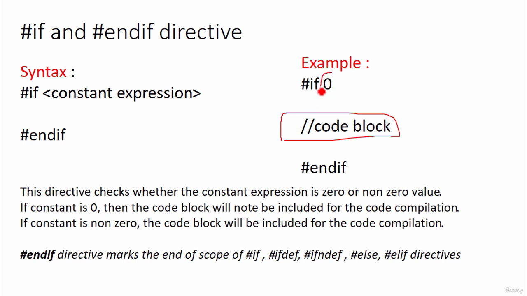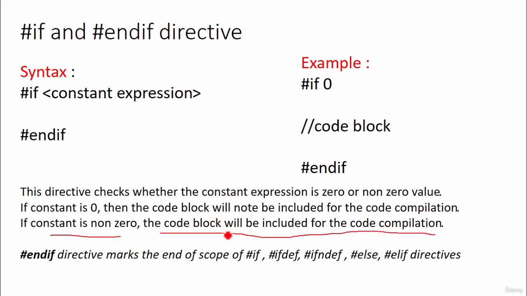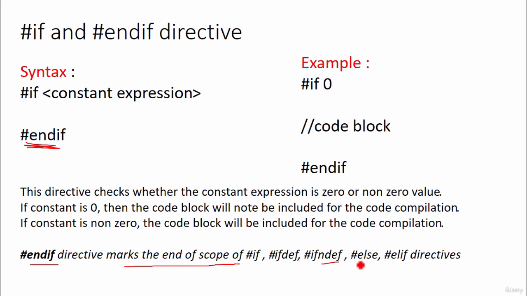Why? Because this is 0, isn't it? If the constant is non-zero, the code block will be included for the code compilation. And remember that the endif directive marks the end of the scope of #if, #ifdef, #ifndef, #else, #elif directives. More on that we'll see later.